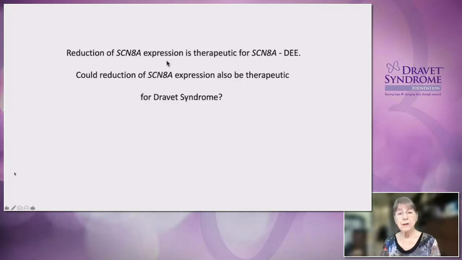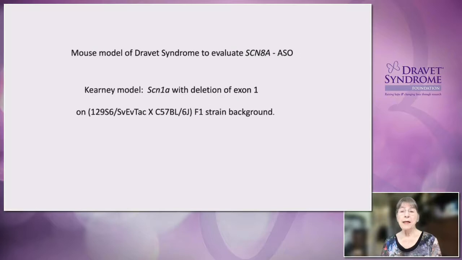Now, we showed that this reduction of 8A expression is therapeutic for SCN8A DEE. Is it possible that reduction of 8A expression would also be therapeutic for Dravet syndrome? And here we needed a mouse model of Dravet, and we used Jennifer Carney's model.